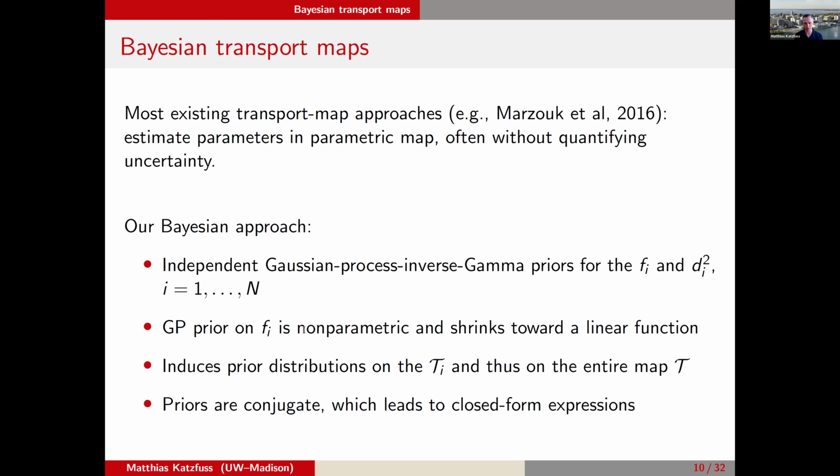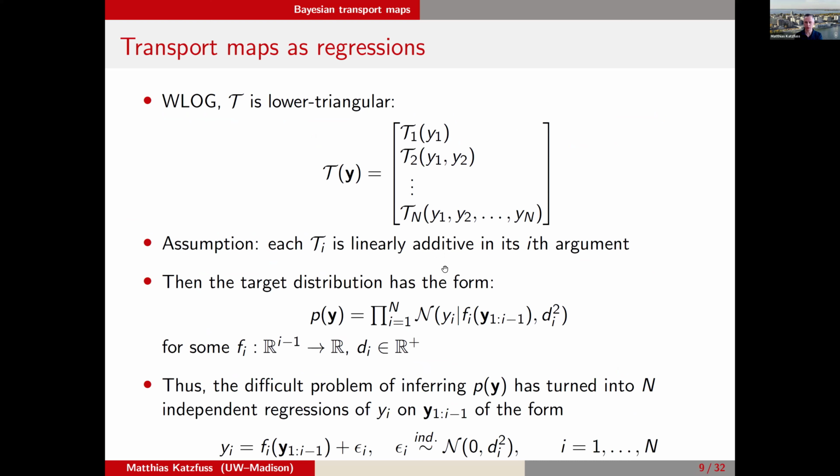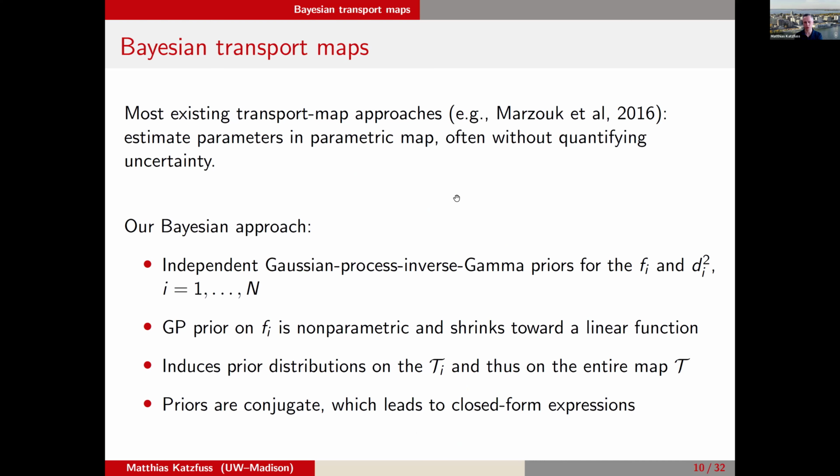As I said, if we have a linear transport map, then of course that implies joint Gaussianity, so that's maybe something natural to shrink toward. And then, of course, these prior distributions on the fi and di squared induce prior distributions on the Ti's. That means we also now have a prior for this entire map, for this entire function T. An important reason why we chose this particular class of priors is that they are conjugate, and that leads to closed form expressions, as we'll see on the next slide.